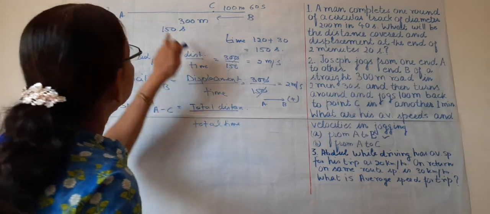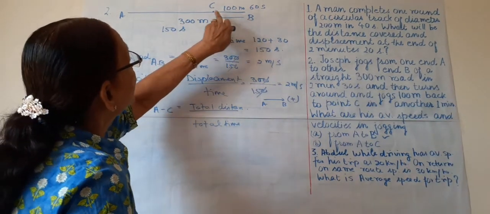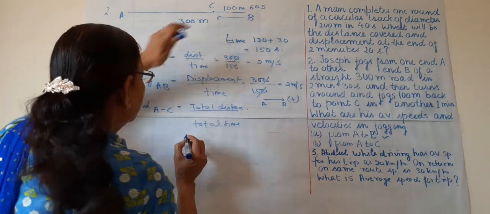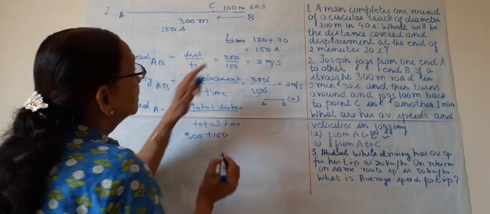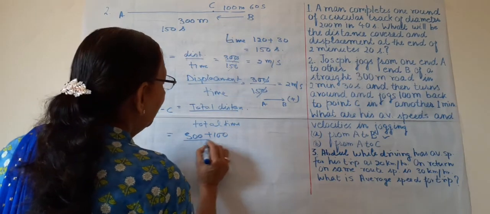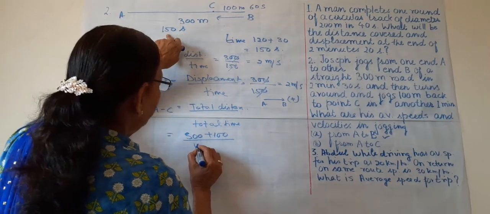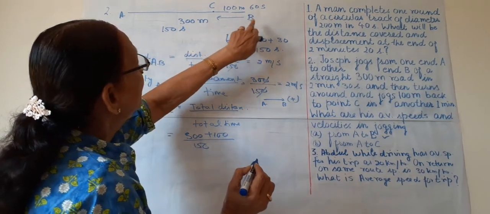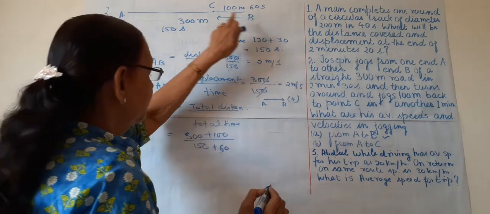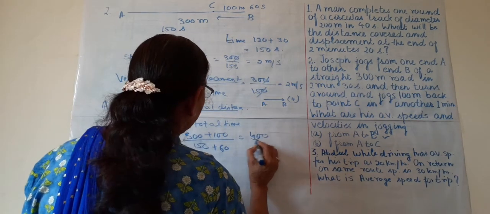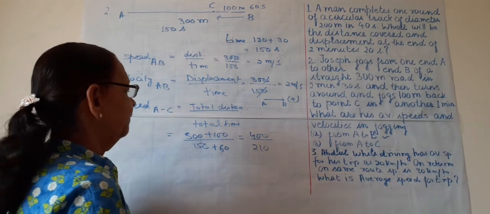So the total distance is 300 from A to B and from B to C 100. It means it is equal to 300 plus 100. This is the total distance, and total time is 150 from here to here and 60 from here to here. 400 upon 210.